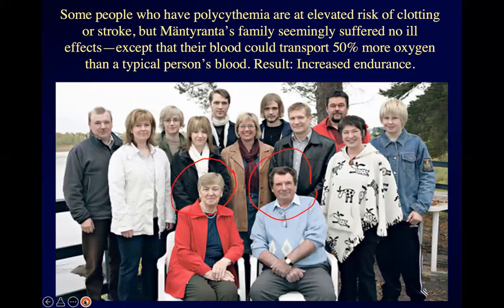And I happen to think this is pretty darn cool, a case of a mutation that we can identify that is actually beneficial, at least for people who want to be champion cross-country skiers.